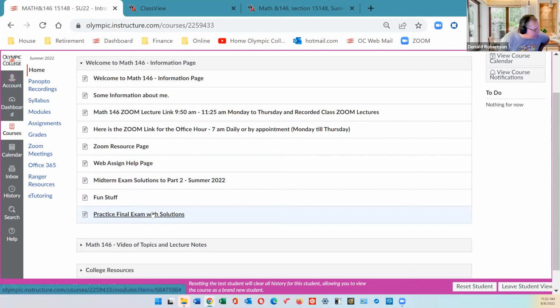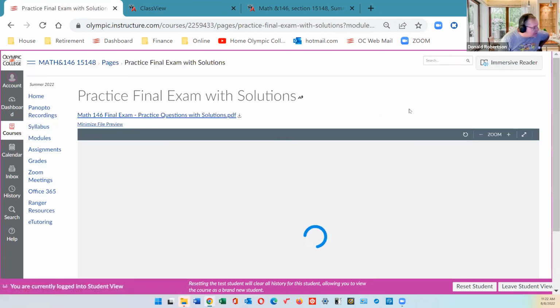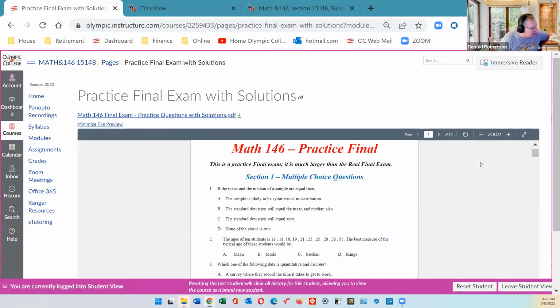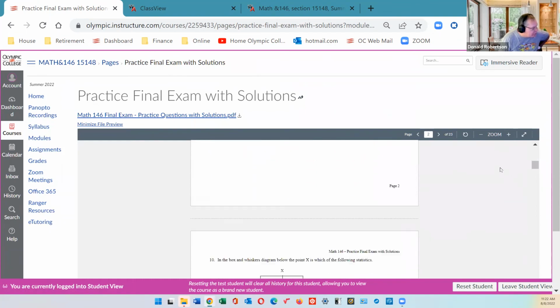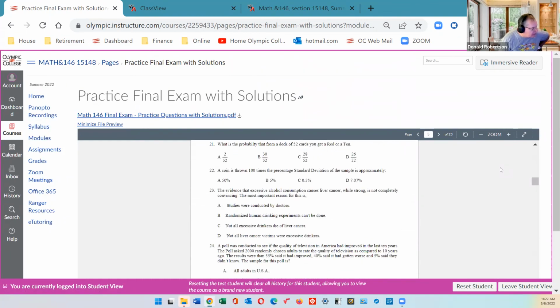And this is really not the WebAssign half, although some of these questions would be done using SOLVE. You know, like the stories I told you today, you would go to SOLVE to solve them, right? That kind of thing. But I'm showing you some examples of the types of things that you would be expected to do. So a whole load of multiple choice, which I kind of like.